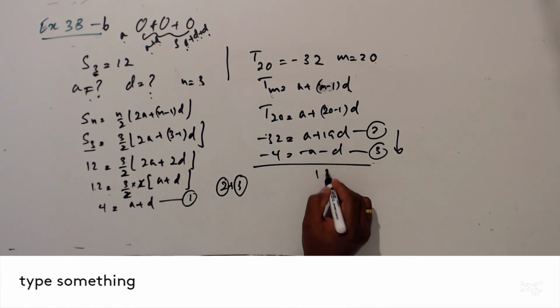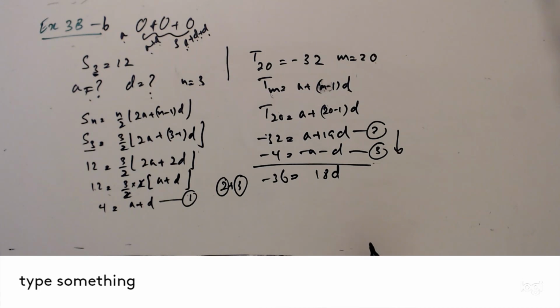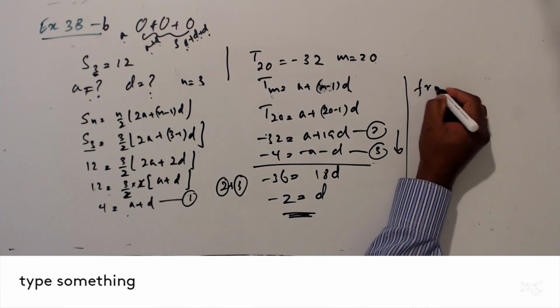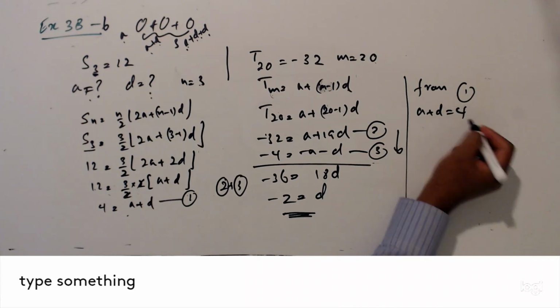So this becomes 18d and this becomes minus 36. So d equal minus 2. Then we will substitute into equation 1. From 1, a plus d equal 4.